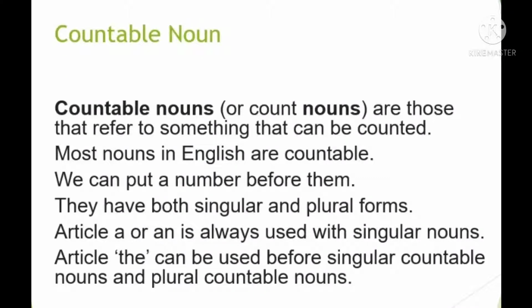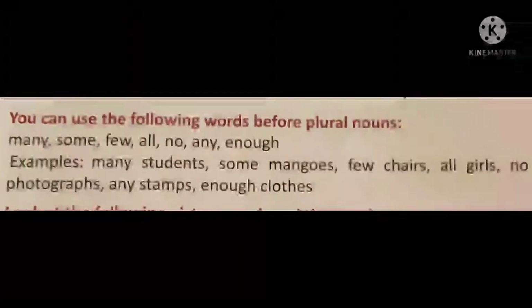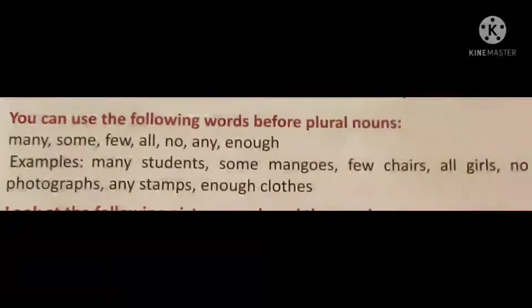Article a or an is always used with singular nouns. Article the can be used before singular countable nouns and plural countable nouns. You can use the following words before plural nouns, for example, many, some, few, all, no, any, enough.